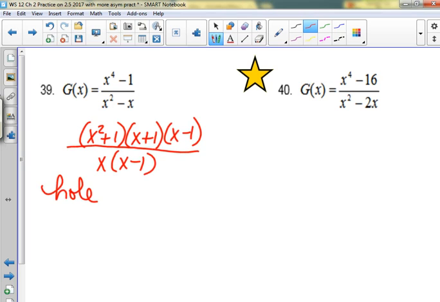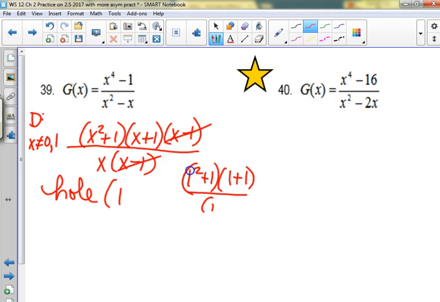There is a hole. If we were doing the domain, just as a reminder, x cannot be 0 or 1. The hole is where? Okay, at 1, and then we could actually divide that out. When we put a 1 back in, we get 1 squared plus 1 times 1 plus 1 all over 1.